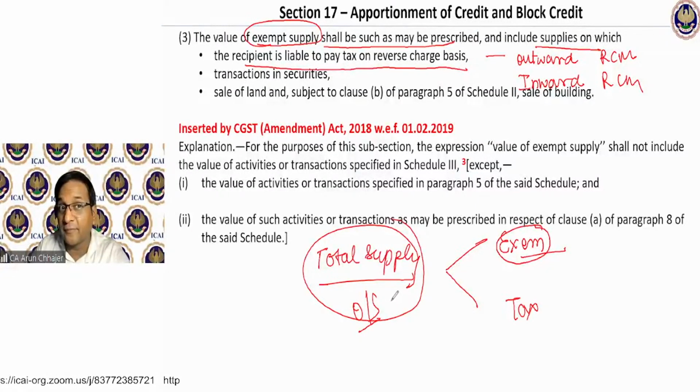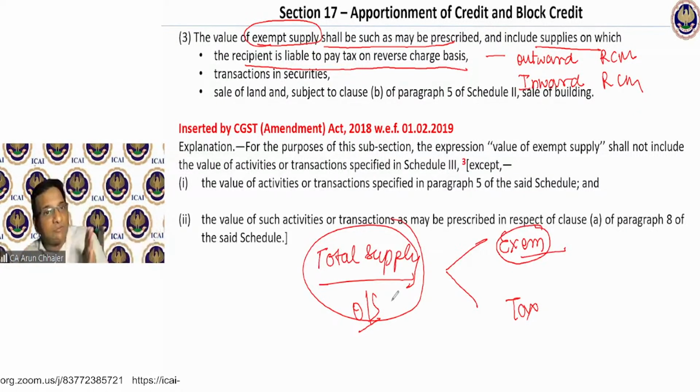Make sure 17 subsection 3, which is talking about exempt supply, means your outward supply which is to be considered as exempted. Will the inward supply be part of my turnover? Answer is no, sir. I am only paying the taxes of which I can take the ITC.